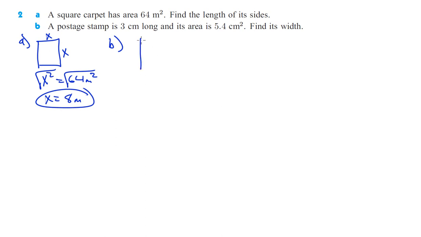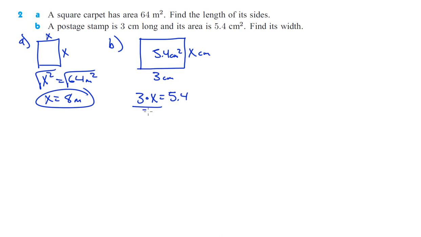Okay, so for part B, a postage stamp is 3 centimeters long and its area is 5.4 centimeters squared. So let's say that this is 3, and then we know that the area is 5.4 square centimeters. We've got to figure out what the x is, right? So we know that 3 times x equals 5.4 square centimeters.